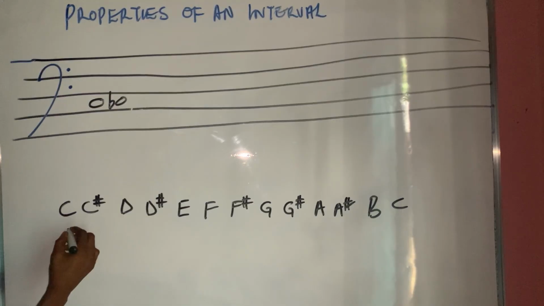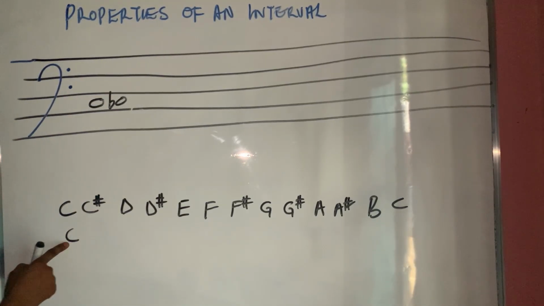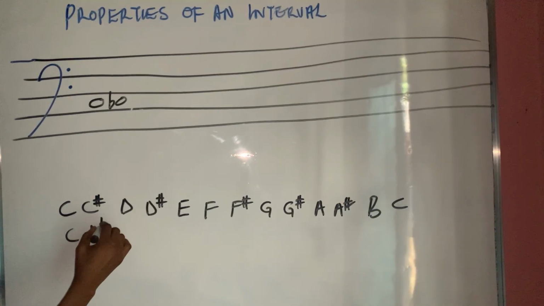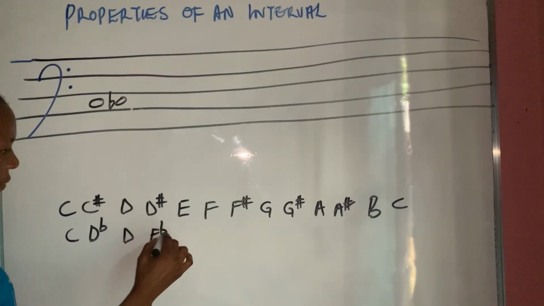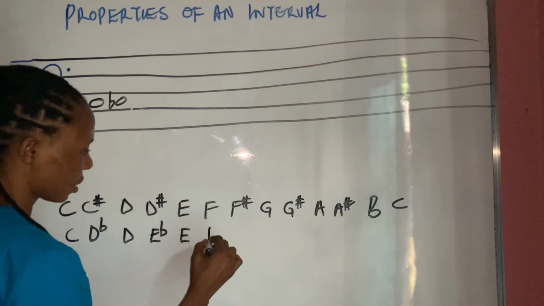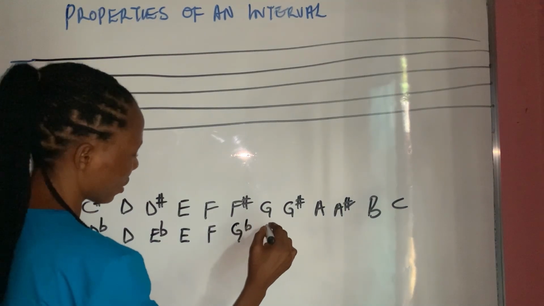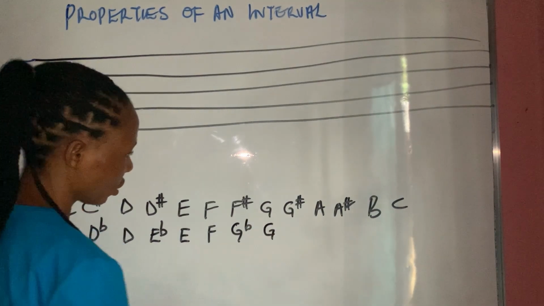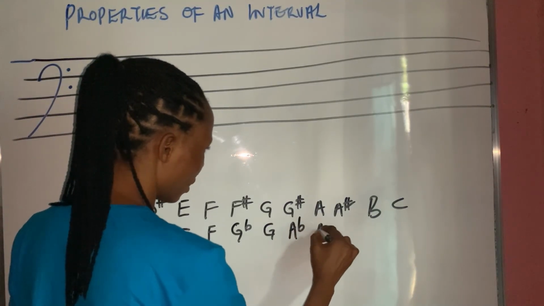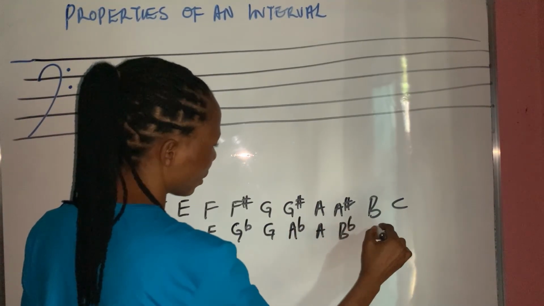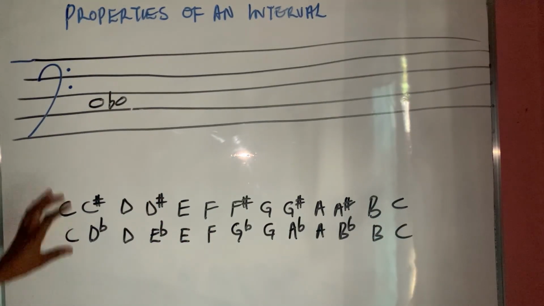Now let's write the enharmonic. Let me write the descending now. When this is C, D flat, D, E flat, E, F, G flat, G, A flat, A, B flat, B, and back to C. All these notes are the same.